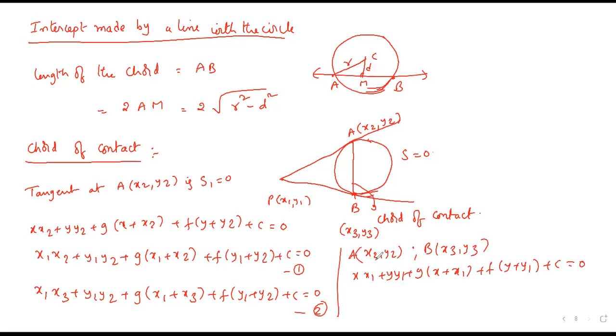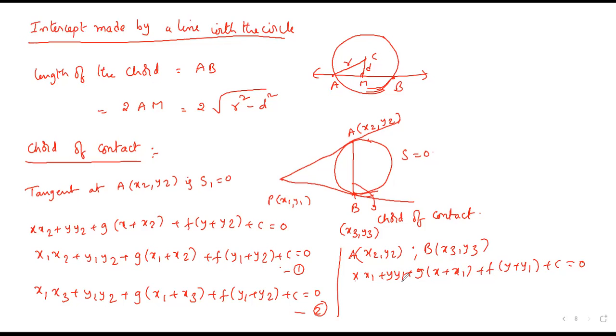See here, by substituting (x2, y2), we get the first condition, and similarly, by substituting (x3, y3), you will get the second condition. So these two points (x2, y2) and (x3, y3) satisfy this equation. And if you observe this equation, we have an x term, a y term and a constant, so this is nothing but a straight line.